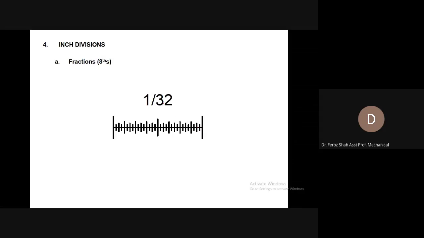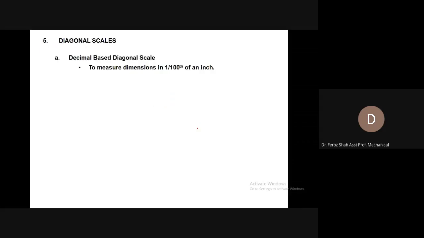If we increase the fraction up to 1 by 64, these divisions could overlap, so we cannot go beyond that. The remedy is using a diagonal scale. You can go up to any fraction of an inch or of a decimal system with a diagonal scale. For example, here we are going for 1/100 of an inch. So you can measure 1 by 100 of an inch.